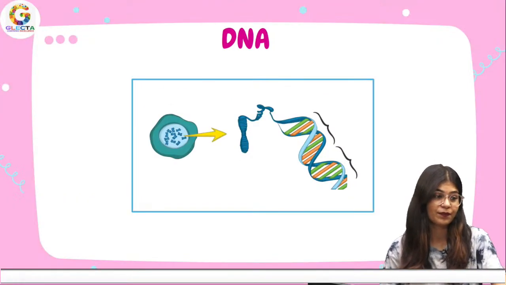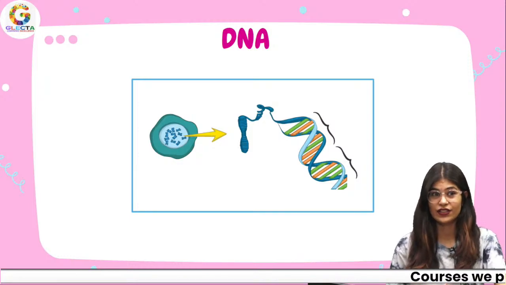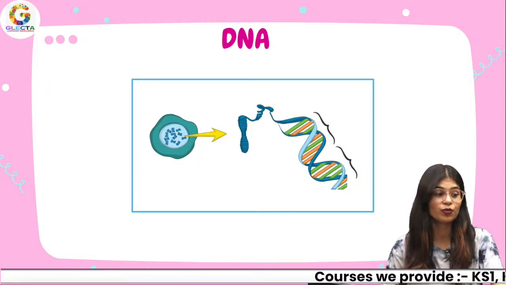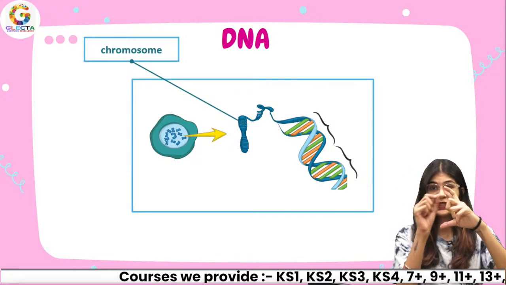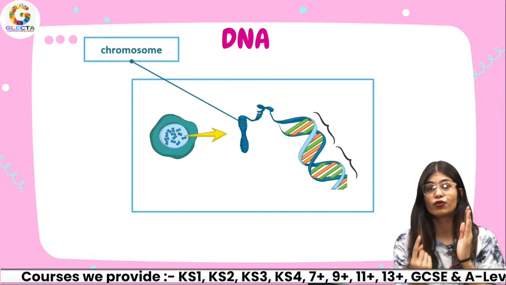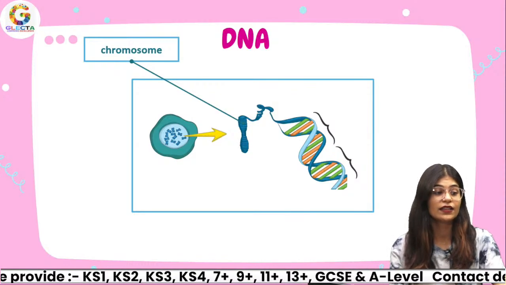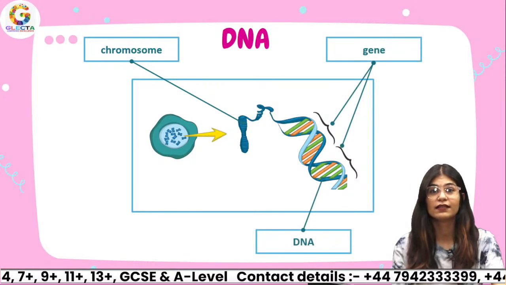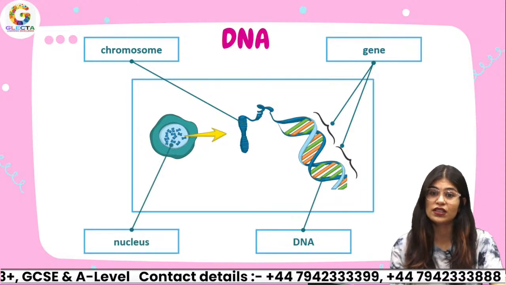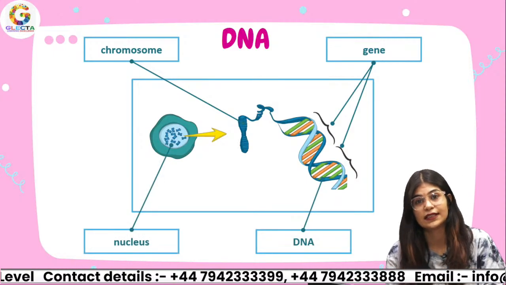So yes, if you have this diagram and you have to label it, you would go chromosome, which is the section in which you see a lot of rolling over. Then you have the genes, there's the DNA, and then we have the nucleus, the center of the cell.